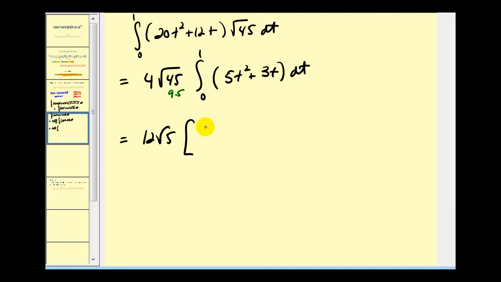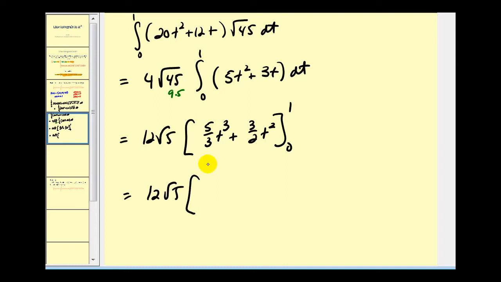We'll have 5 times t to the third over 3, or 5 thirds t cubed, plus 3 times t squared over 2, or 3 halves t squared. So when t is 1, we'll have 5 thirds plus 3 halves. When t is 0, these are both 0. Common denominator here would be 6.